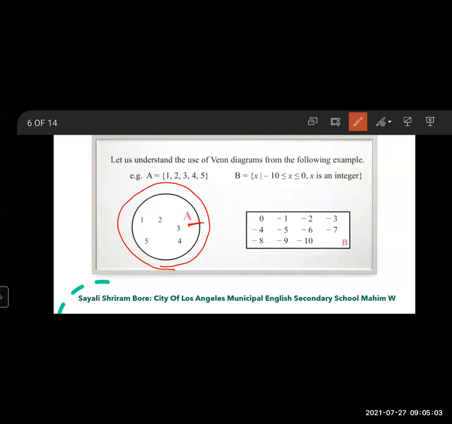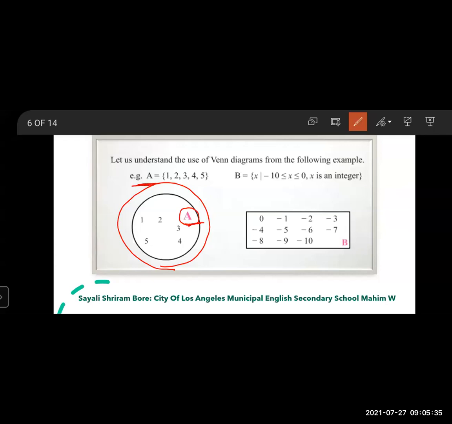Here no other methods, like the rule method, are used. Only the elements will be shown to you and you have to write those elements. So here, set A is 1, 2, 3, 4, 5. Simply draw the circle and give the name of the set, that is A. For the name of the set, you know that you have to use what? Capital letters.